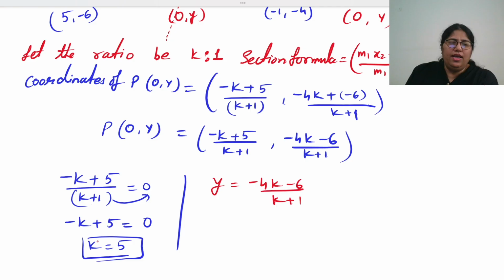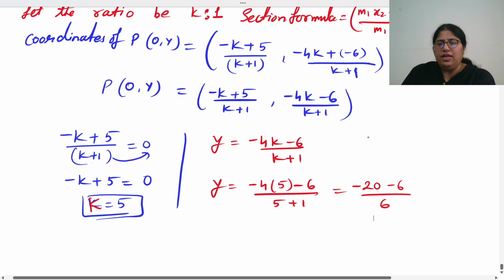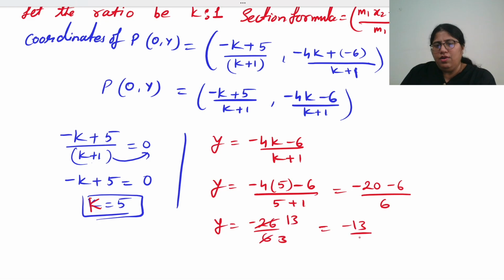Now you already have the value of k, so I can substitute here the k value: minus 4 times 5 minus 6 by 5 plus 1. If you simplify this, minus 20 minus 6 by 6. Right? So what are we getting here? Minus 26 by 6, which is minus 13 by 3. So what is the coordinate of y? It is minus 13 by 3.